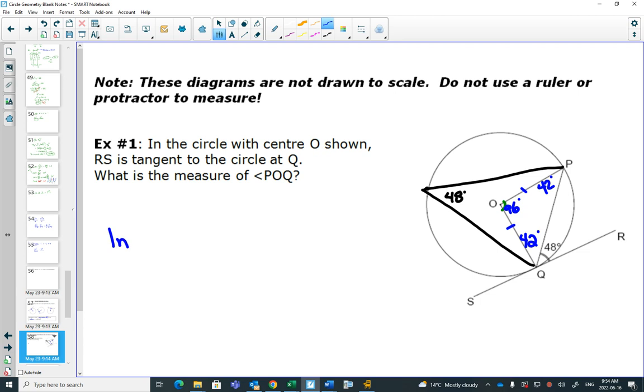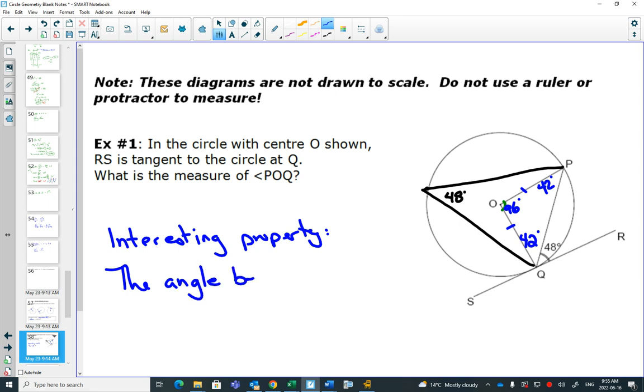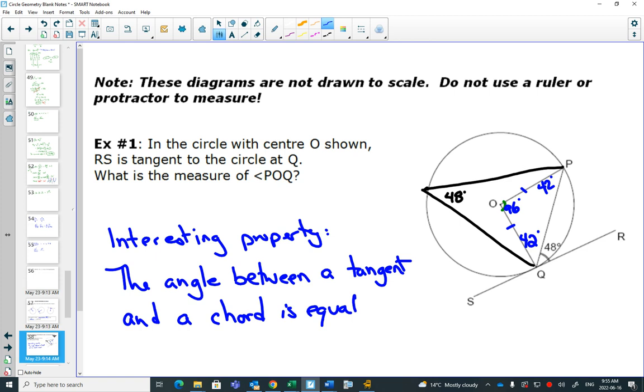So I'm just going to call it an interesting property. The angle between a tangent and a chord is always equal.